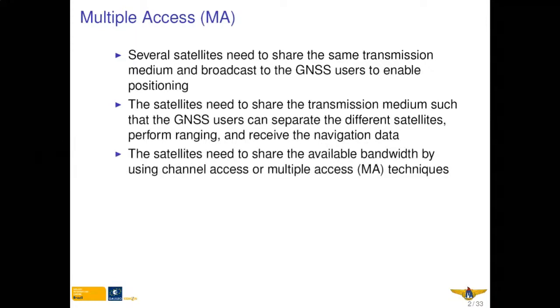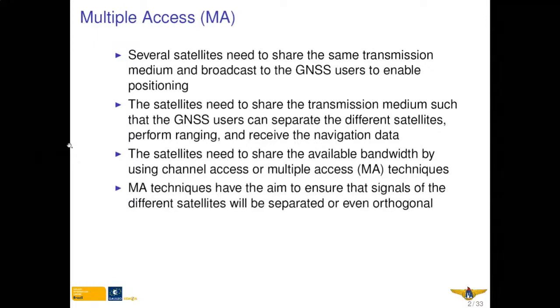The satellites need to share the available bandwidth by using channel access or so-called multiple access, MA, techniques. MA techniques have the aim to ensure that the signals of the different satellites will be separated and even orthogonal.